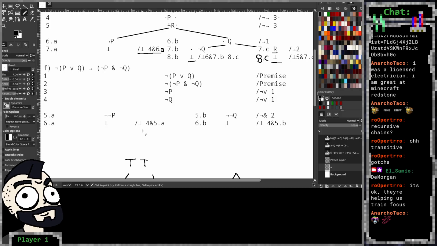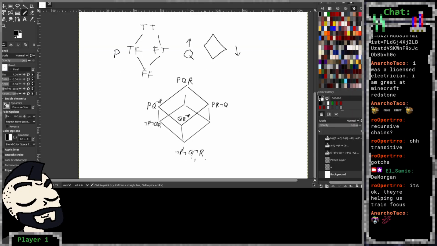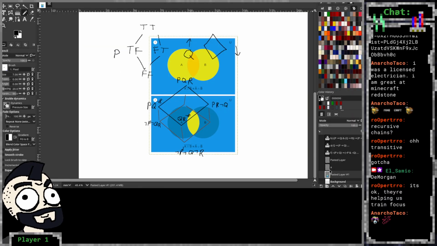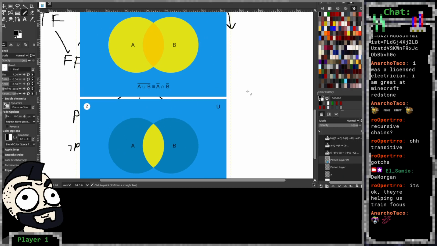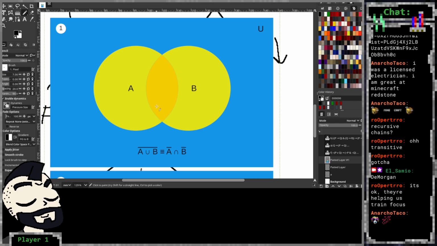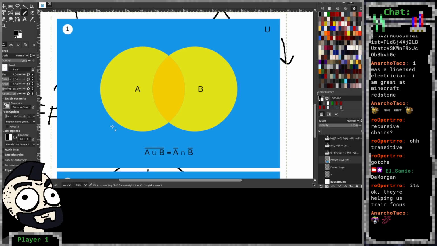Let me paste the diagrams here to show another connection between other branches of mathematics. So in Venn diagrams, the union of A and B is equivalent, the negation, the line on top means negation.